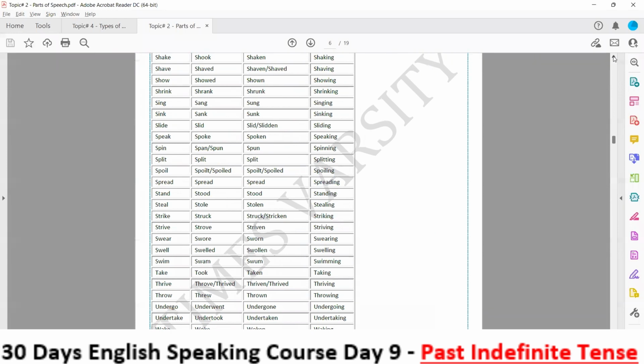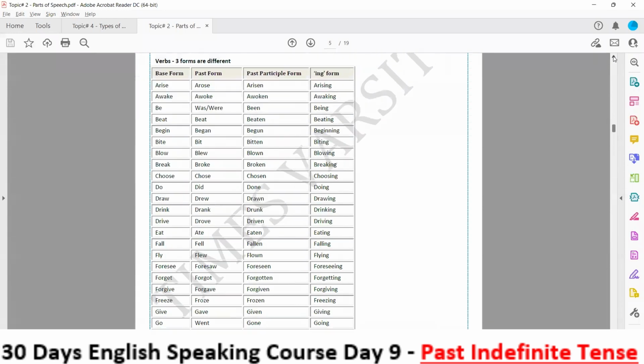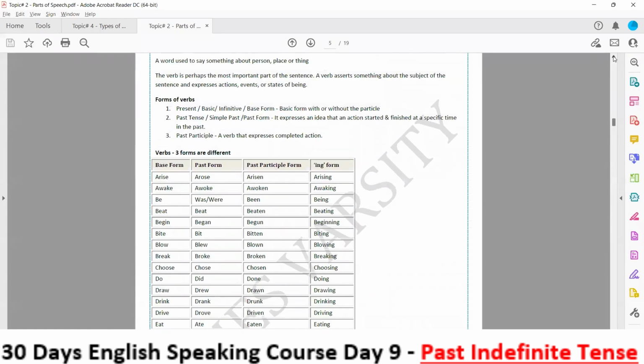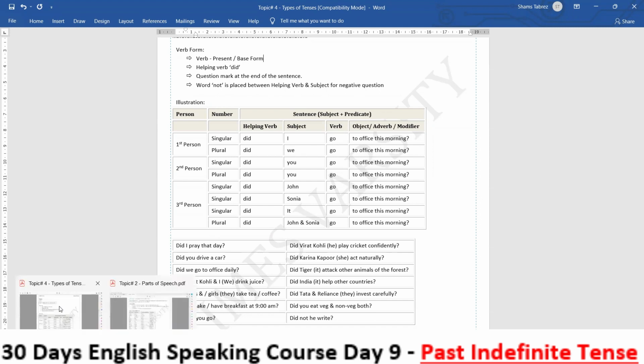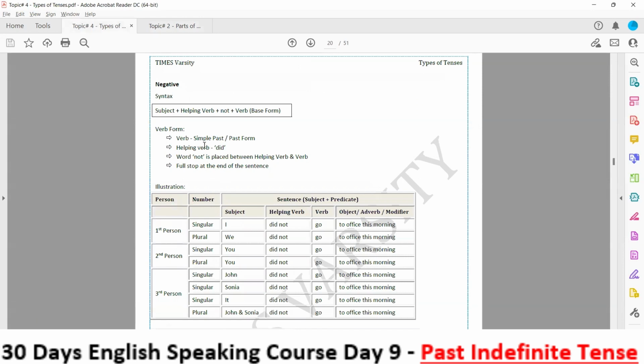If it is a negative sentence, you need to notice this one. So base form, I would say. So base form or present form. Yes, it is correct. And in the PDF, right here it is not documented correctly.